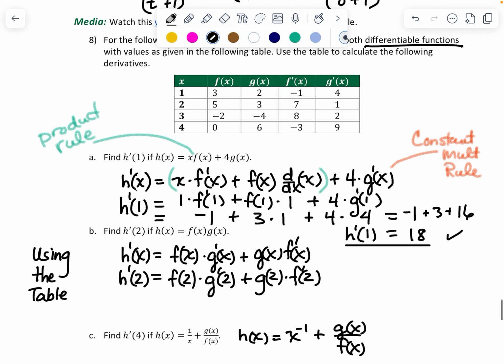And then for the next one, we have h prime of 2 with the product rule, applying the product rule to f times g. So we have our rule there in the first step, and in the second step, I'm going to plug in 2.